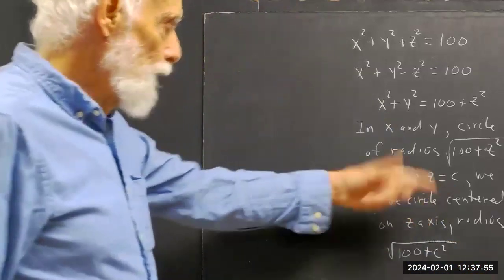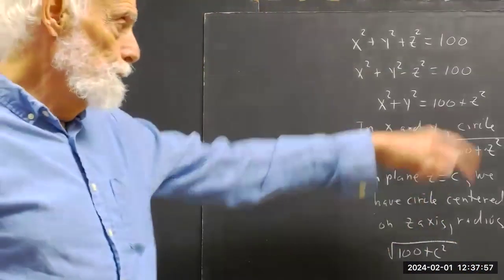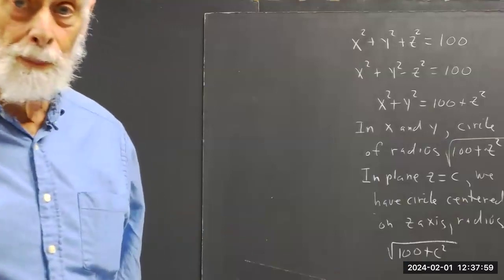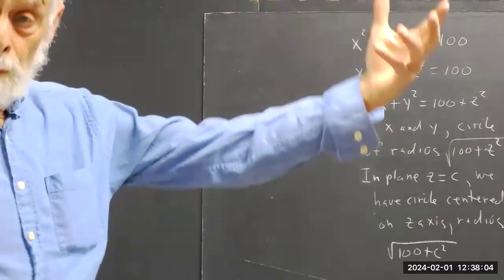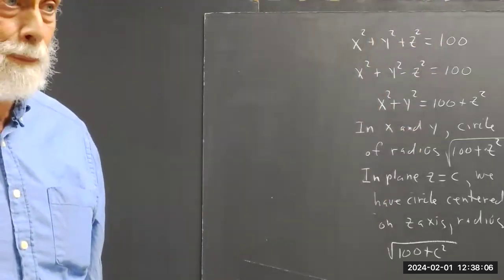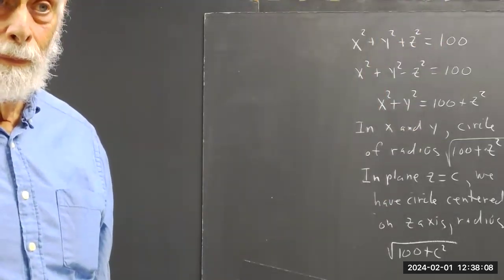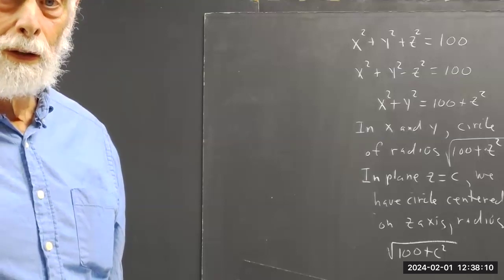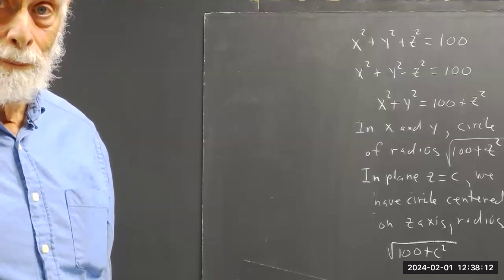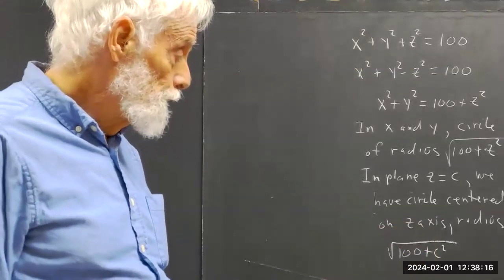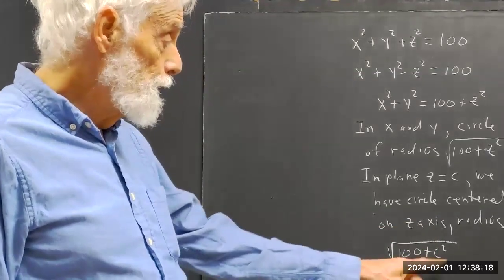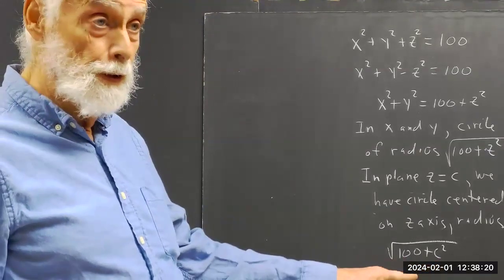Okay, c is a number that we plug in for z. We get this. Does that exist for every possible value of c? Well, yeah, it does. That circle exists for every possible value of c because 100 is positive and c squared is positive, so we can always get the square root.